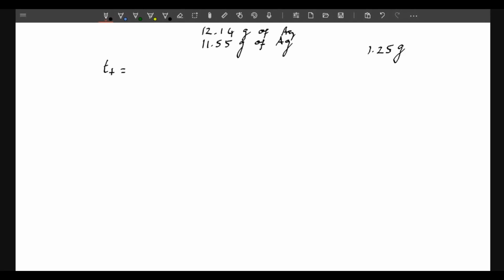Okay, whether we will be getting a T plus value or T minus value from the given data. T plus means there should be a decrease in the concentration in which compartment? The anode compartment.